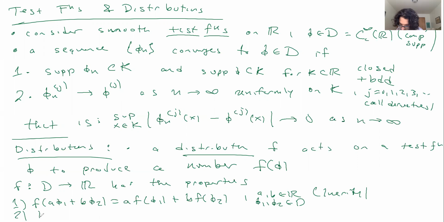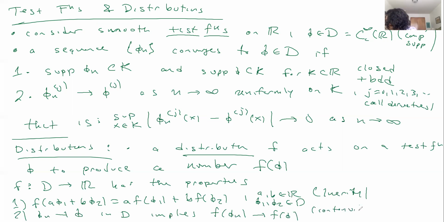The second thing is that phi n converging to phi in D should imply what? Well, it implies f of phi n converges to f of phi, okay? So we have continuity of distributions, right? Not continuity in the sense that you're probably thinking of with respect to functions, but we have this continuity property with respect to distributions, right?